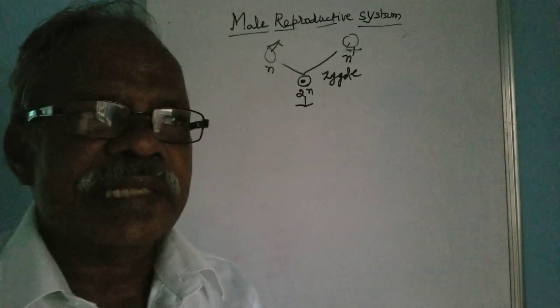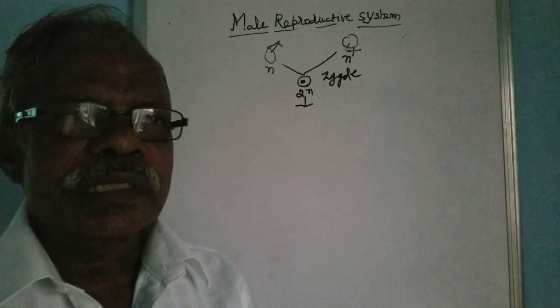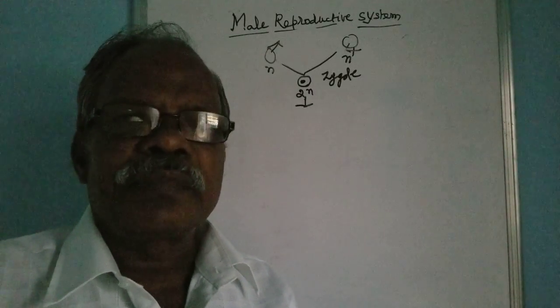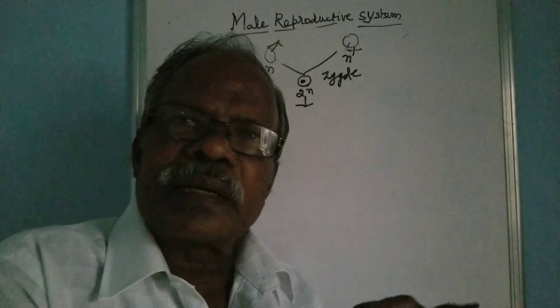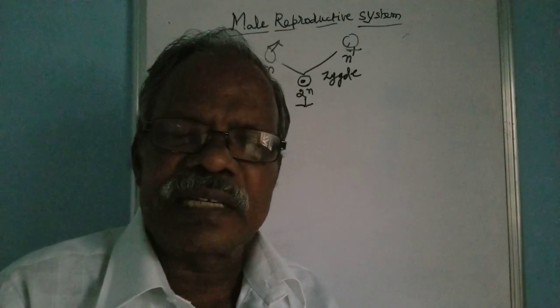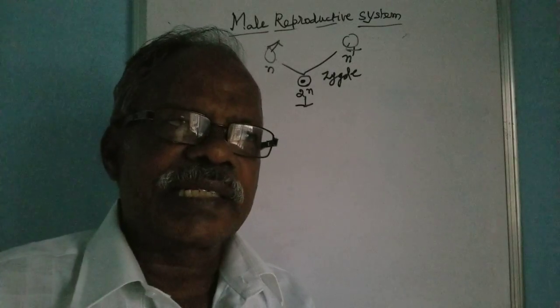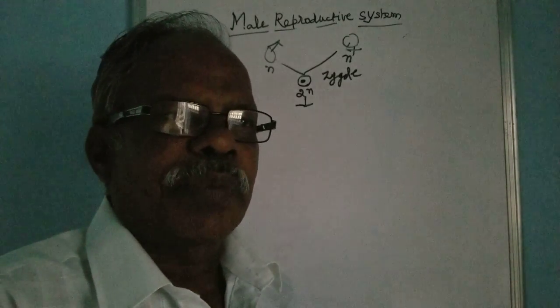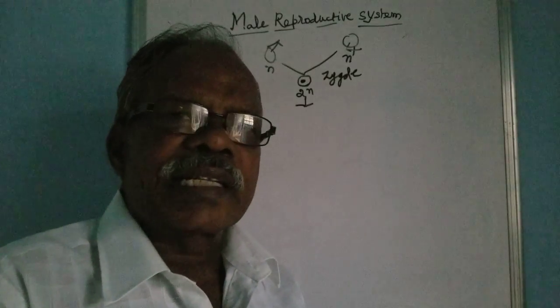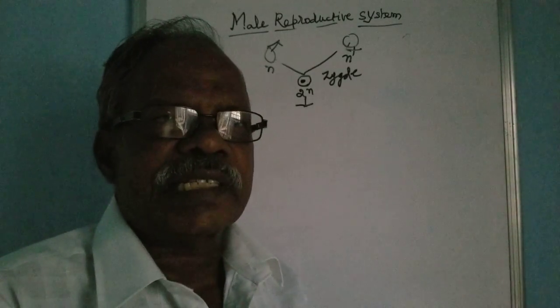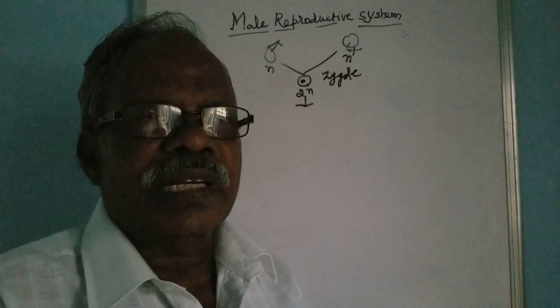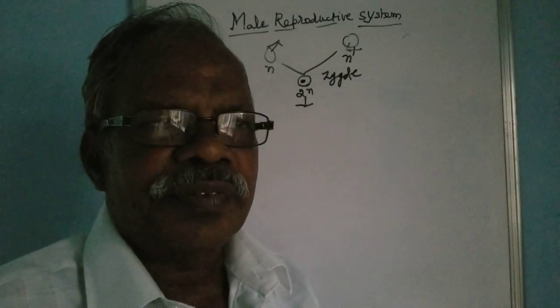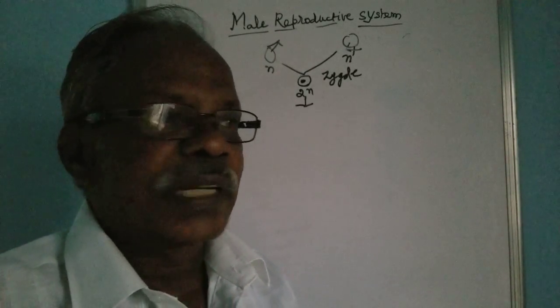From the blastula stage, it undergoes a layer formation stage called the gastrulation stage, wherein invagination happens in the blastula. The gastrulation stage is mainly important for the formation of ectoderm, mesoderm and endoderm.